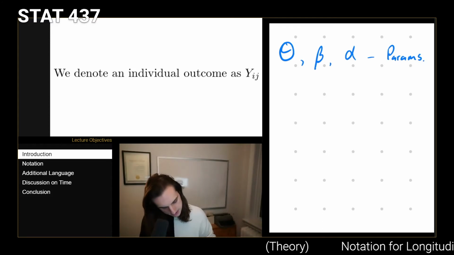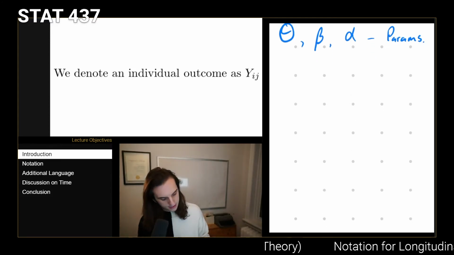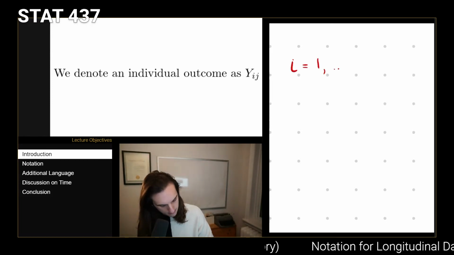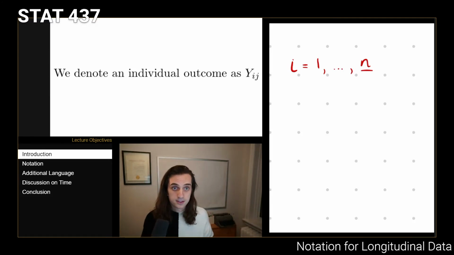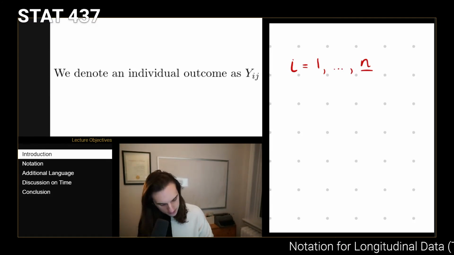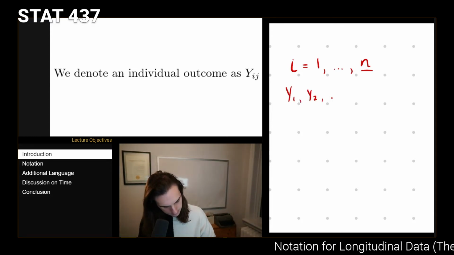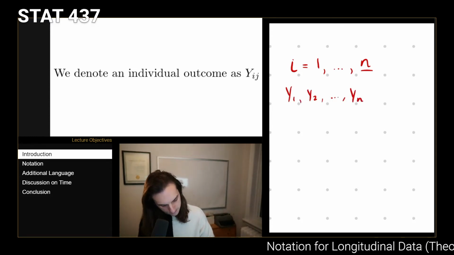What I mean by this is that you would normally think about taking some index i, and we'd let i go from 1 up to n, where n is the number of observations in our study. And then typically you would have something like y1, y2, up to yn.